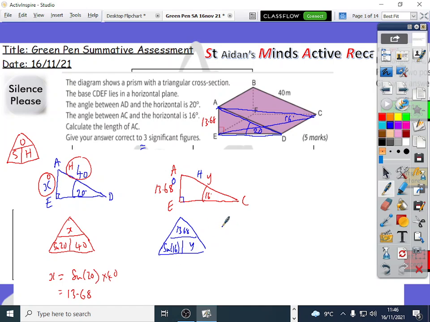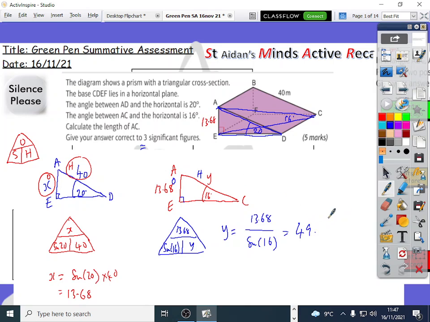So if I want to find what Y is, which is AC, I cover that up, which means it's 13.68 divided by sine 16. If you put that in your calculator, 13.68 divided by sine 16, don't forget to close the bracket, you get 49.